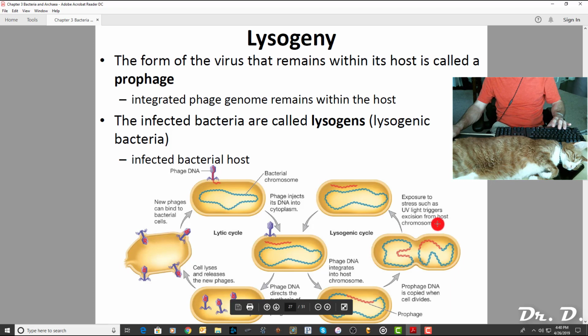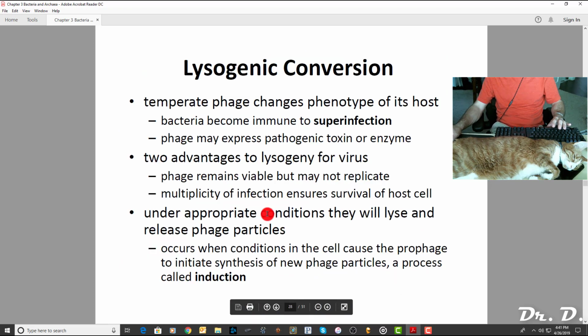The bacteria, every time it divides, not only will it copy its own chromosome, it will copy the prophage DNA, the viral DNA. Upon exposure to stress, such as UV, this will trigger excision of the prophage DNA and then entering the lytic cycle. So temperate phage have 2 options, lysogenic and lytic life cycles.